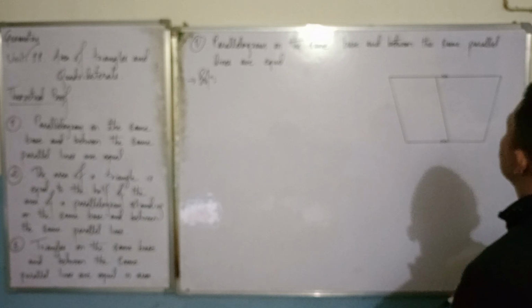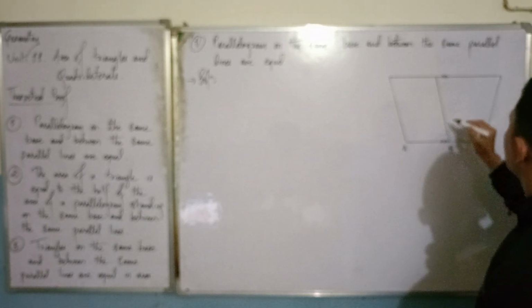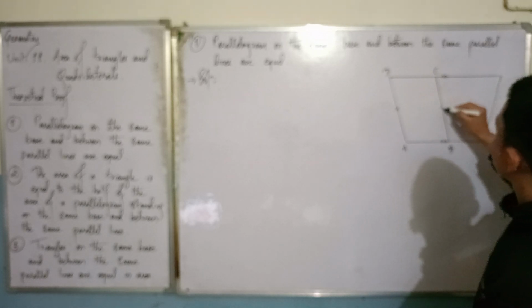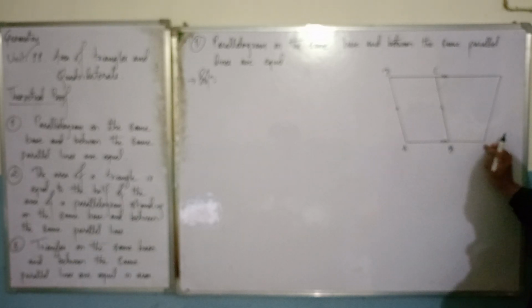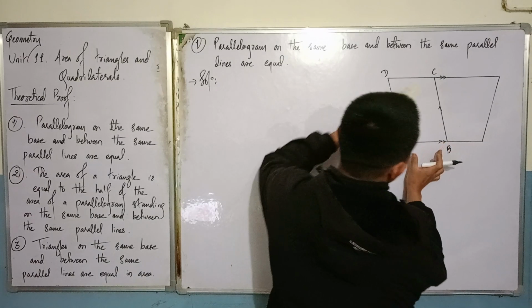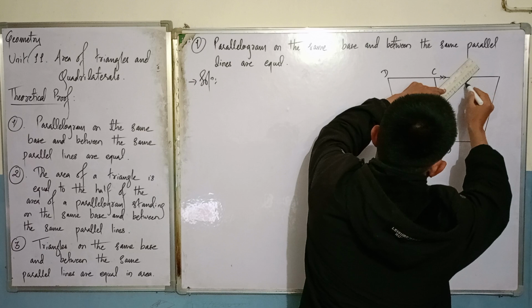Let's say this parallelogram is ABCD, and another parallelogram on the same base AB, standing on the same base.